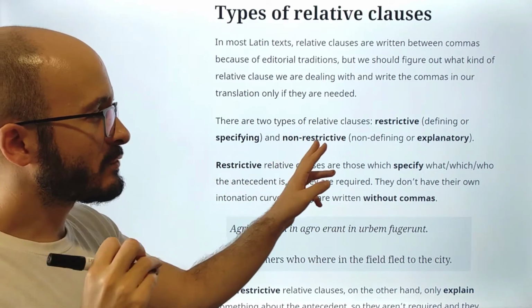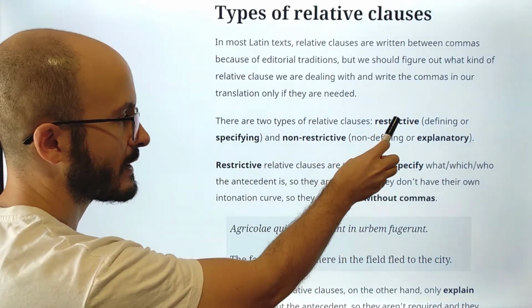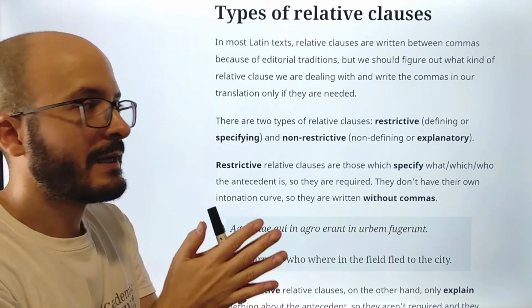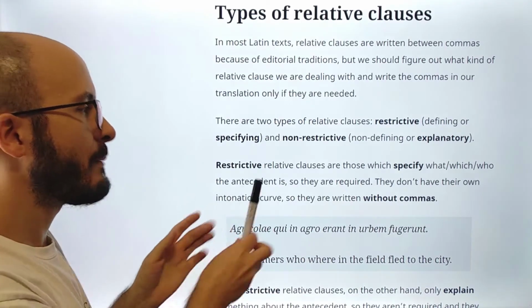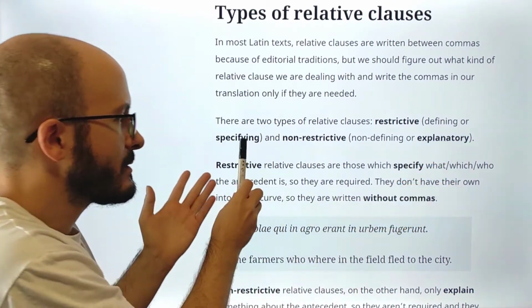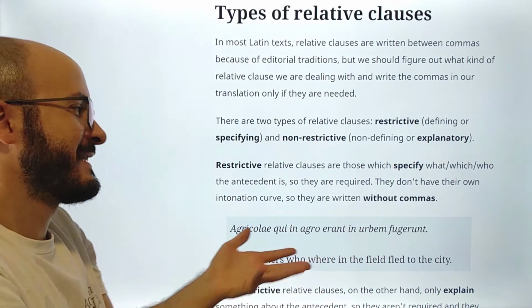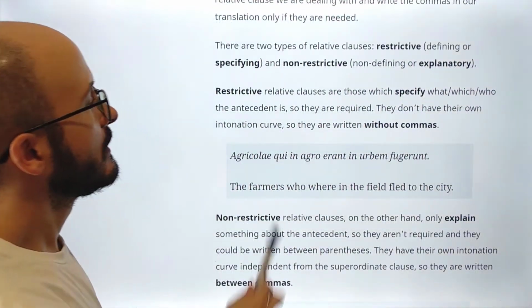Usually, as far as I know, in English grammar, restrictive and non-restrictive are the most common names. Now, in my opinion, they are not very meaningful. So I prefer these, specifying or explanatory, because they specify or because they explain. Okay, that's quite obvious.